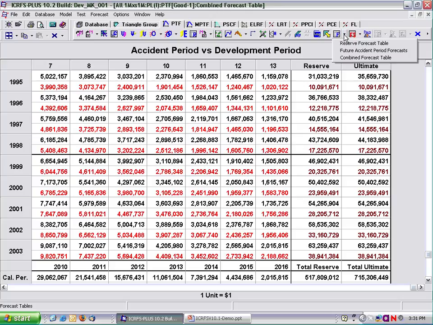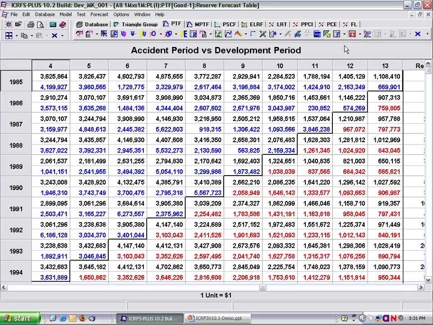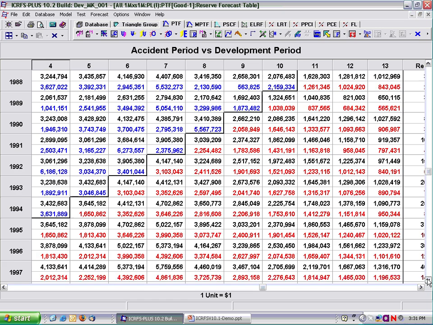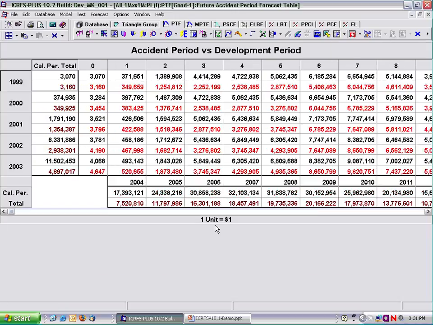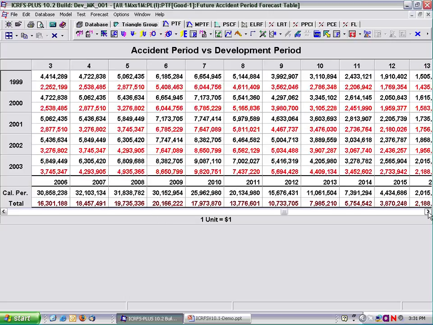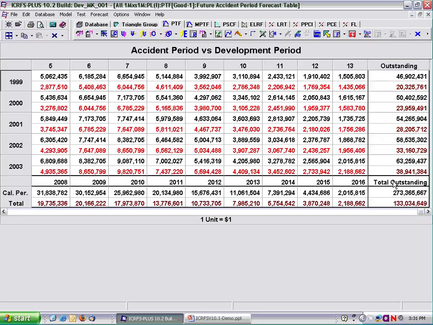You can also look at the forecast, the reserve forecast table, which is just the current underwriting year and prior years, and you've got the future accident period forecasts. Well, it's just the future by development year for every cell, calendar year aggregates, and then the outstanding of the total cost distribution or the ultimate for each future underwriting year. It's similar with the forecast summary.